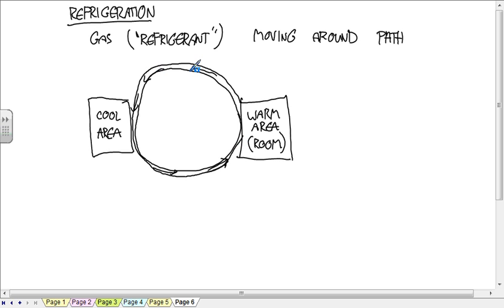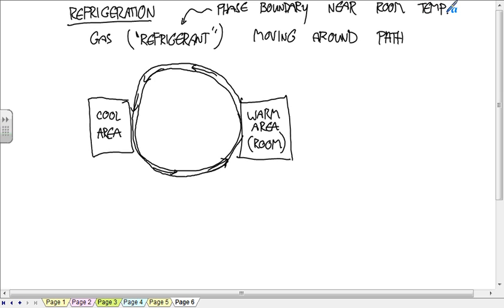But what you do is this refrigerant has a phase boundary near room temperature.